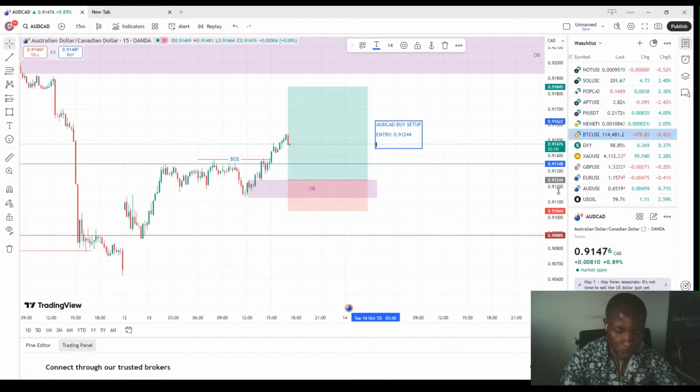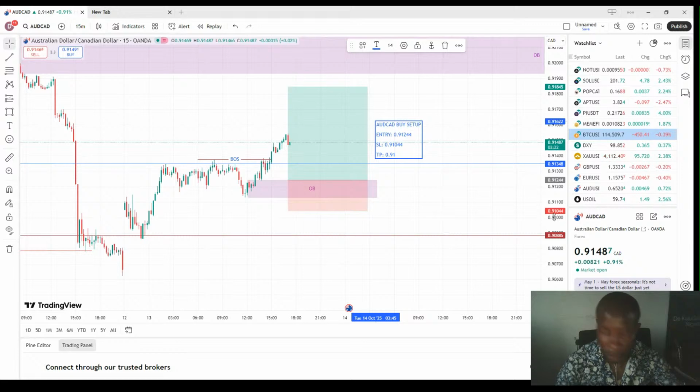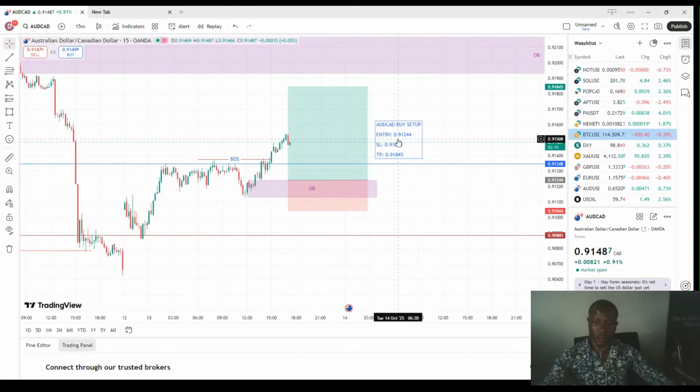Our stop loss is what? 0.91910. And our take profit is 0.91845.